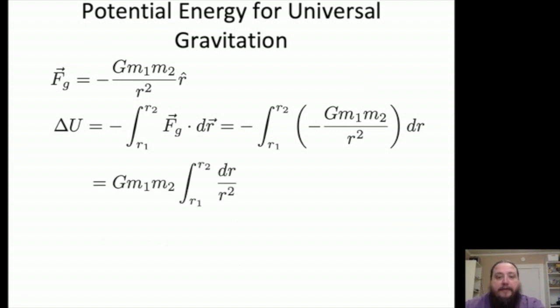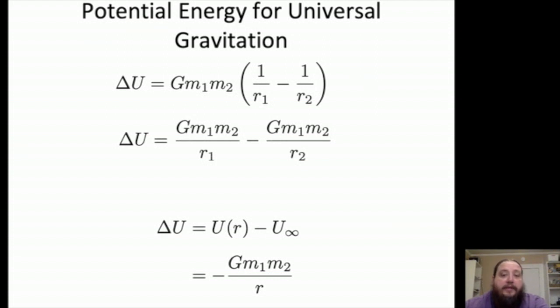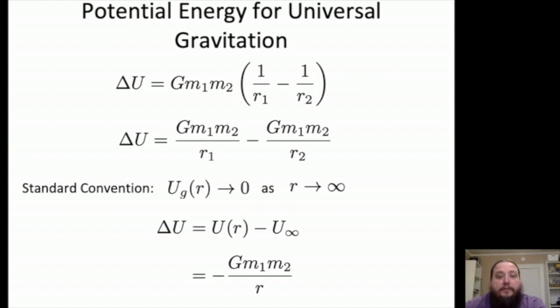And if you do that, then you can derive a form here which goes as 1 over r as opposed to 1 over r squared. And again, if we talk about changing from some initial radius r1 to some final radius r2, then the change in the potential energy would be written down as this difference in the 1 over r1 and 1 over r2.